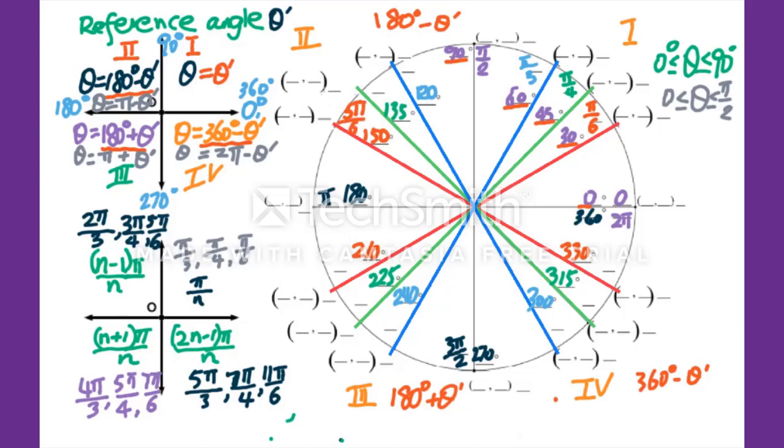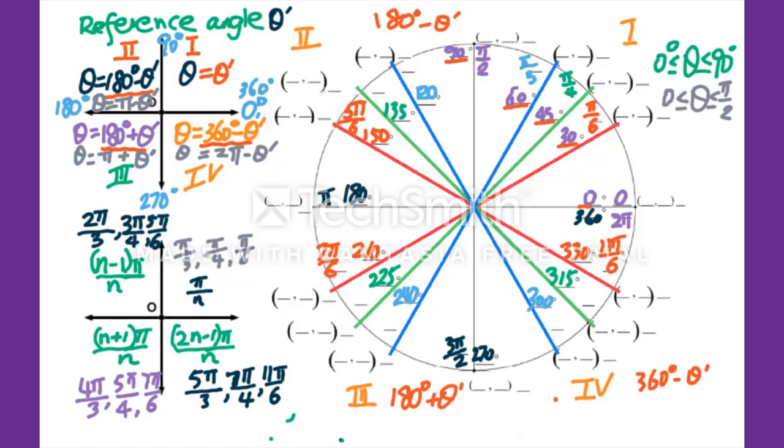For the third quadrant, it's n plus 1 pi over n, that means 7 pi over 6. For the fourth quadrant, you will get 2 times 6 minus 1, that's 11 pi over 6.